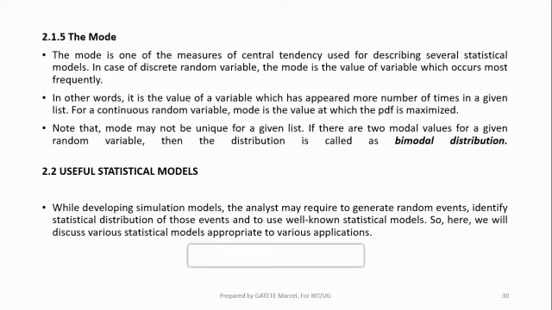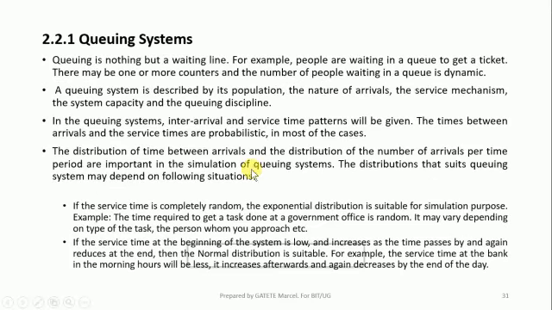For example, here we are going to see what is called a queuing system. What is a queuing system? It is a waiting line. For example, people are waiting in a queue to get a ticket. You are going to buy a ticket at a store, and the counter won't give the ticket to all people at the same time.